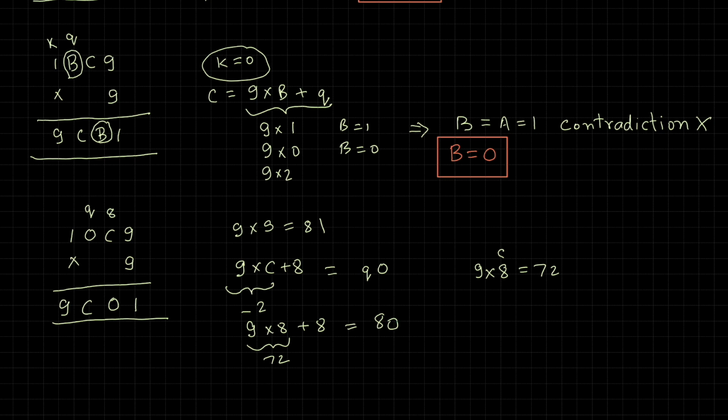So the bottom digit is 0 and Q is 8. Now if we look at this column here with Q equal to 8, we will get 8 plus 0 is 8, which is what we got for C. So this also checks out.